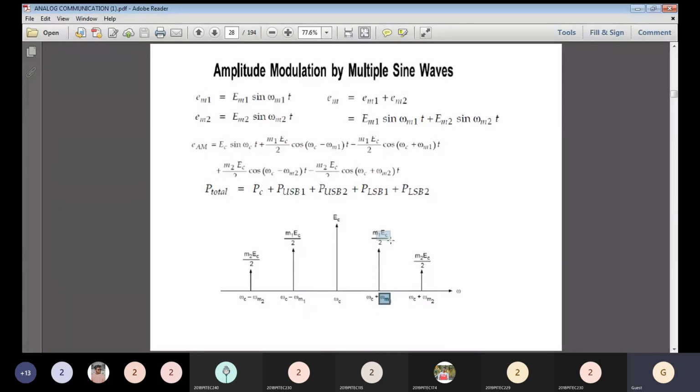So in both amplitude and frequency components we have message information. Out of the 3 components, the lower sideband and upper sideband components are required. This carrier component is redundant, an unwanted one.